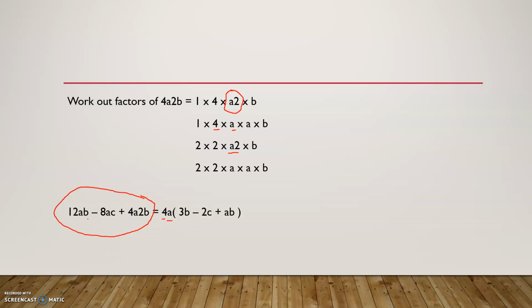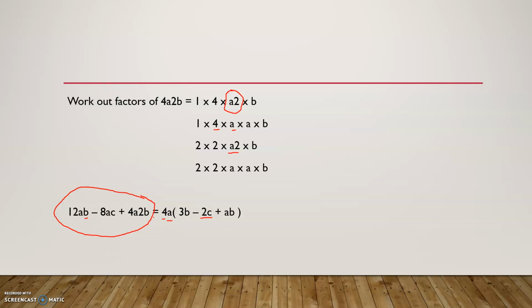Then minus, 4 goes 2 times, which is 2, and then a divided by a is just 1, so we are left with c, that's 2c, plus 4a squared b.